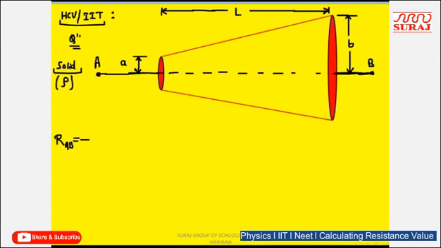Now for the next shape, which is very important, a question from HCV and also asked in the IIT JEE exam and several other engineering entrance examinations, there is a conical cylinder.